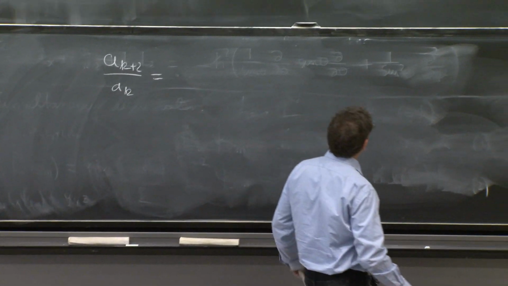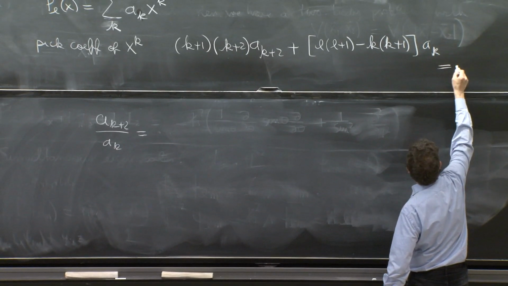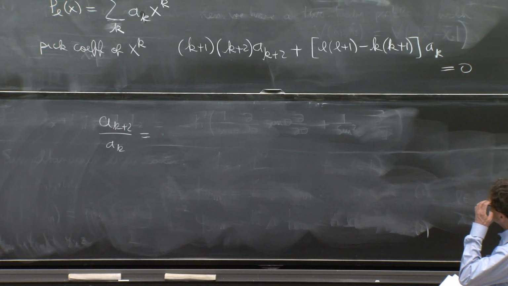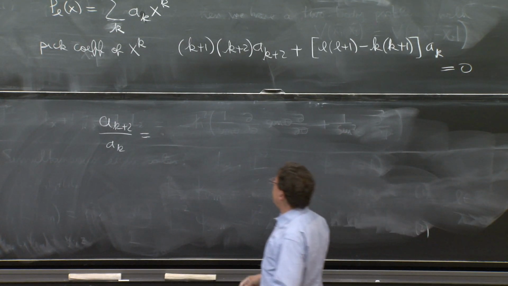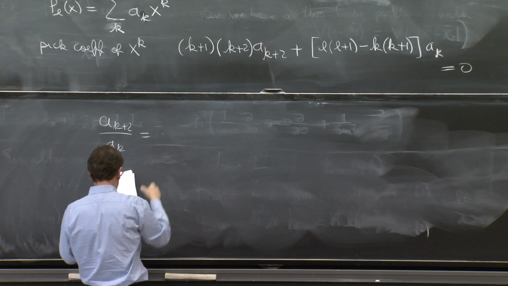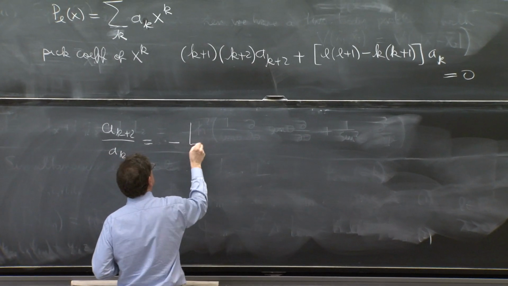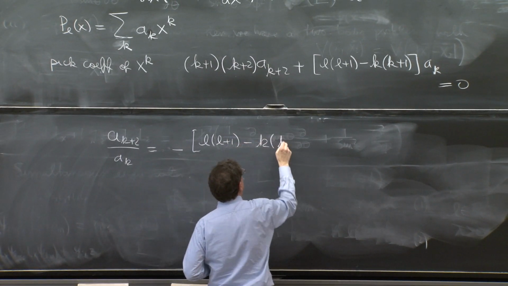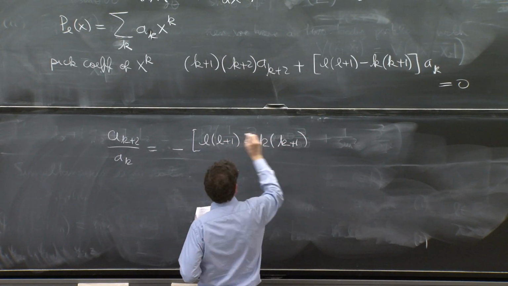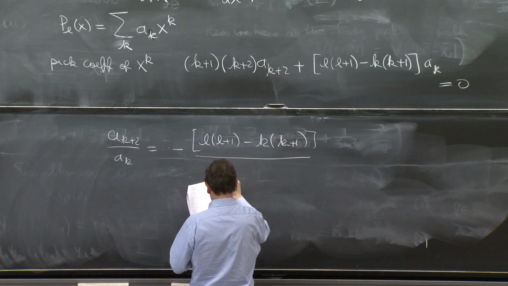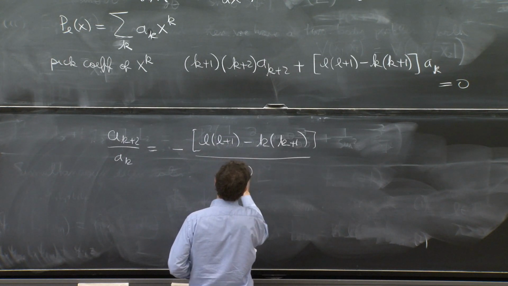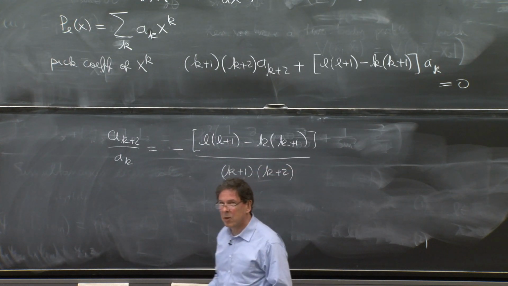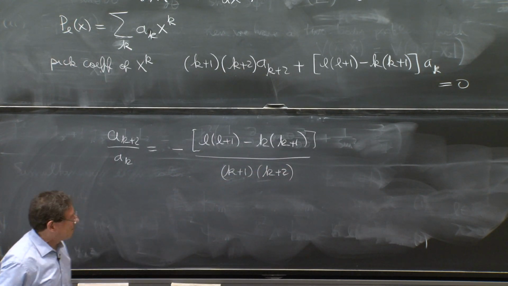I'm sorry, all these coefficients must be equal to 0. And a_(k+2) over a_k, therefore, is minus L times L plus 1 minus k times k plus 1, over k plus 1 times k plus 2. Okay, good. We're almost done.